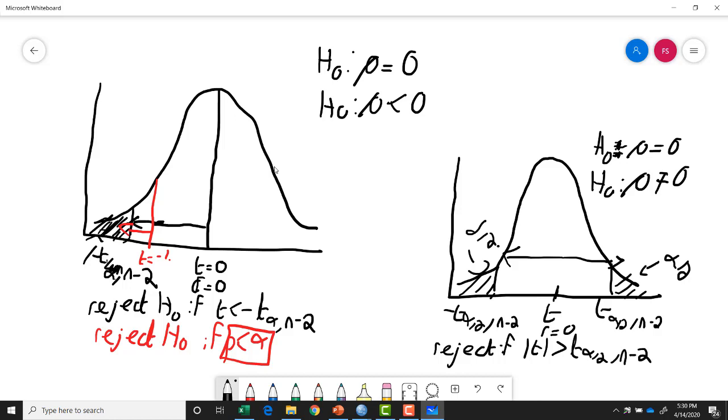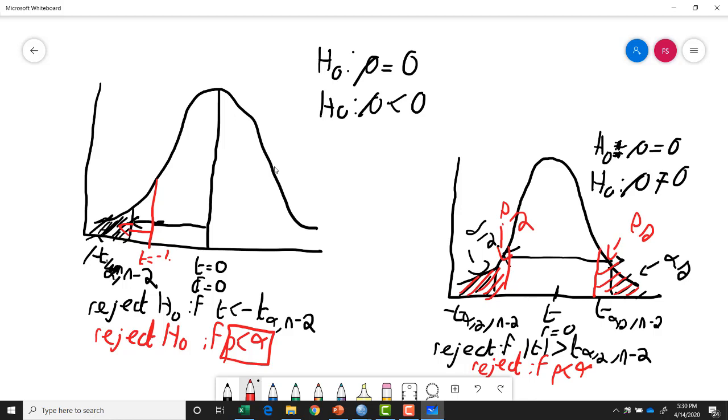And again, the p-value is on both sides. So this is my p-value, because again, if we're doing it on both sides with the alpha, we have to have the same on the p-values. It's all values more extreme. So that's p over 2, and that's p over 2. And so we're going to reject, again, if p is less than alpha.